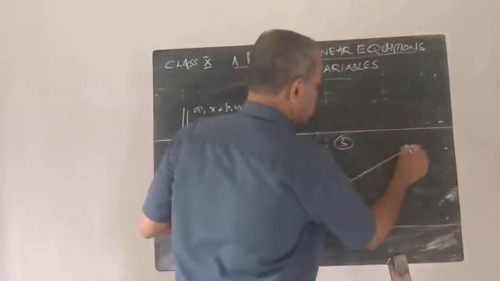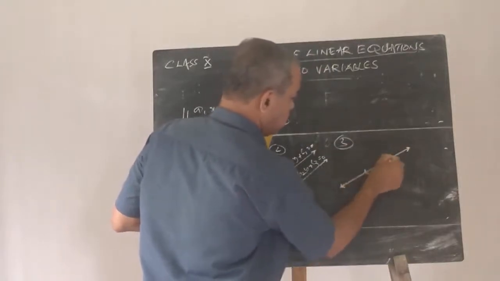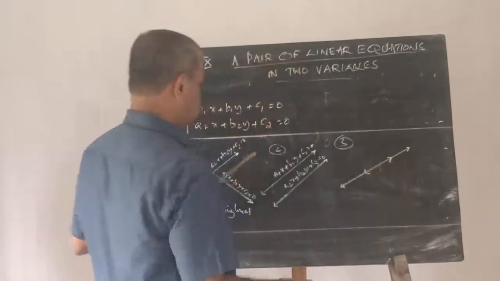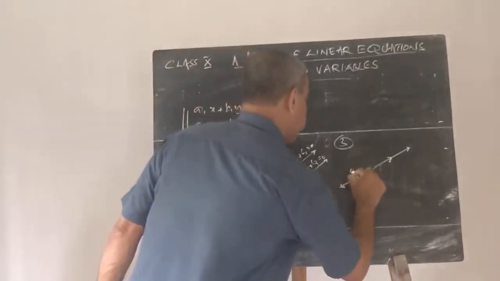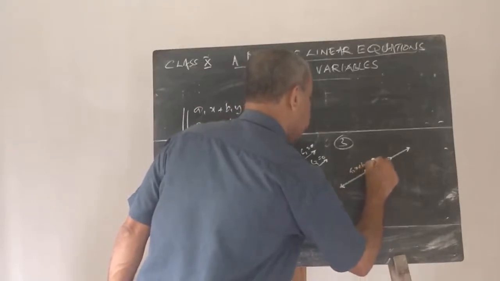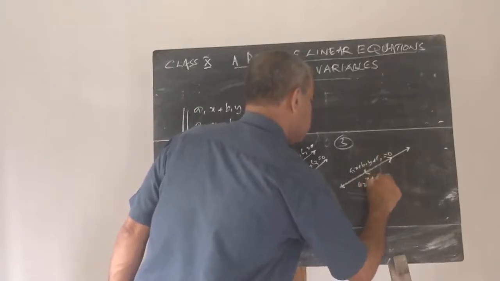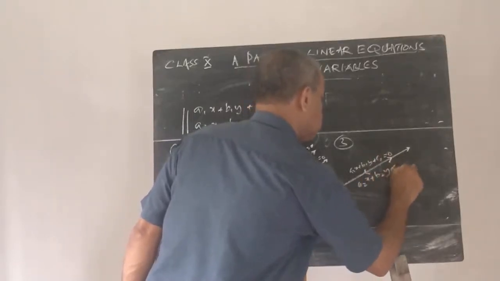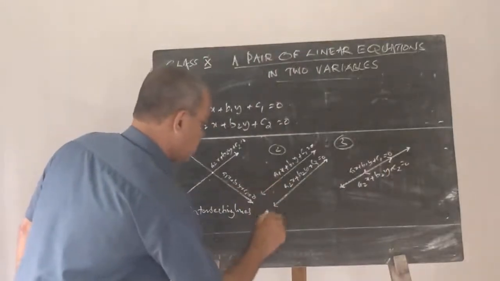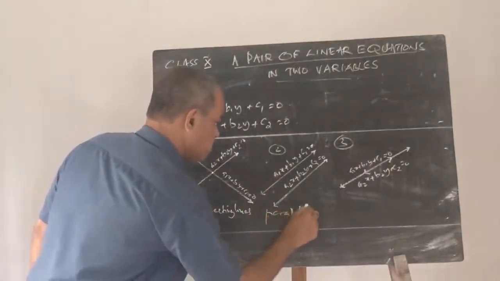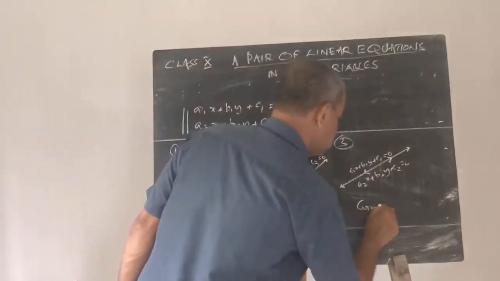That is, the same line represents both the equations, a1x plus b1y plus c1 equal to 0 and a2x plus b2y plus c2 equal to 0. Same line. Here parallel lines. Here coinciding lines.